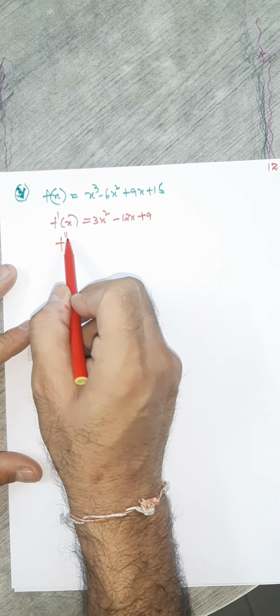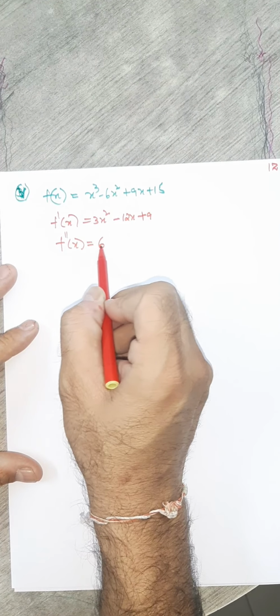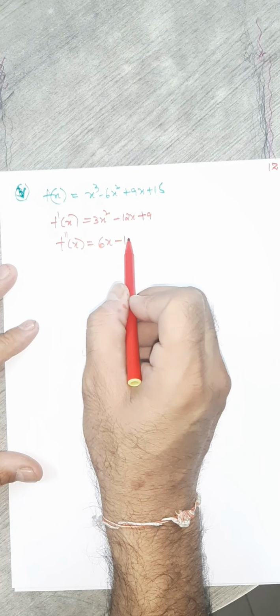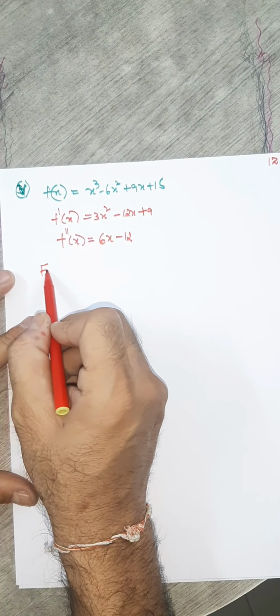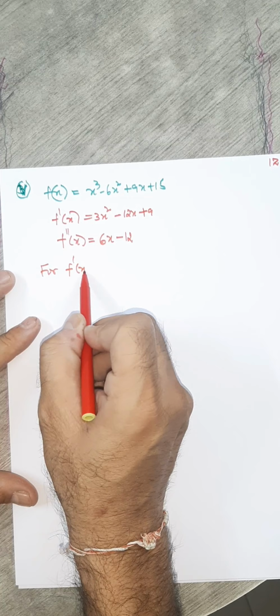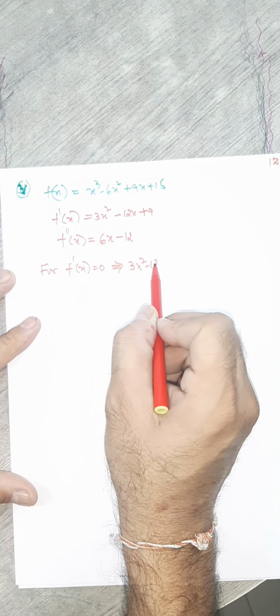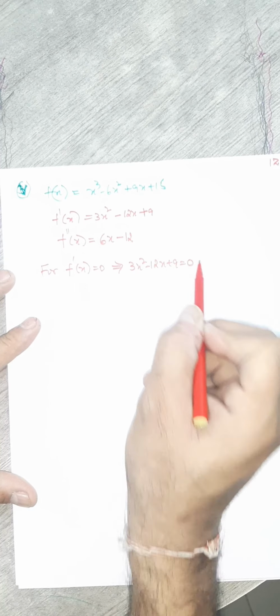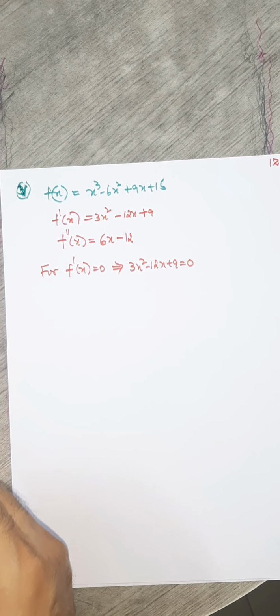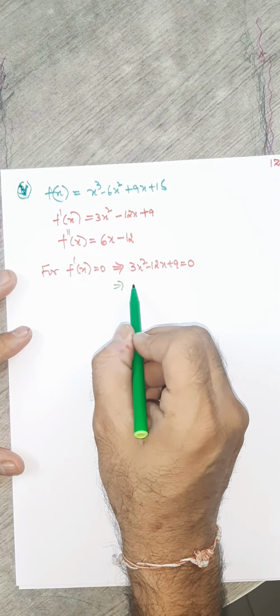One more derivative, f double dash x, it will be 6x here minus 12. Now for turning point, we put f dash x equals to 0. It implies 3x square minus 12x plus 9 equals to 0. You can divide by 3 here before you do the factorization.